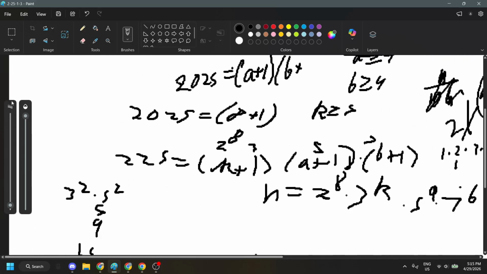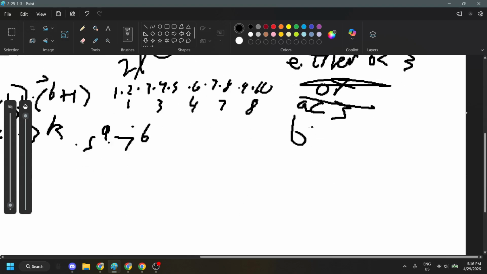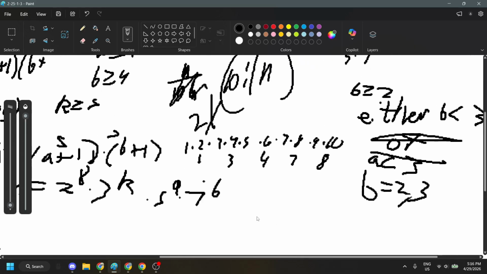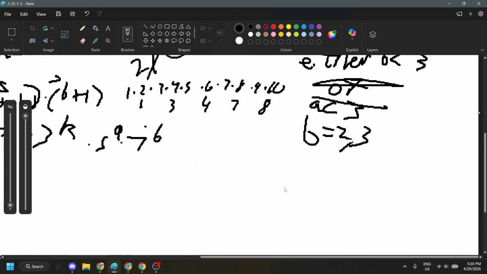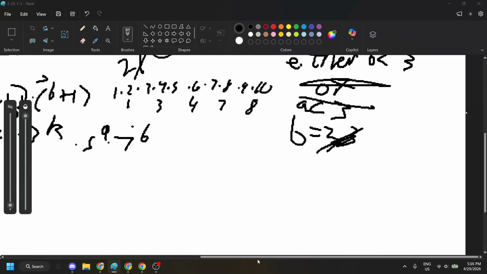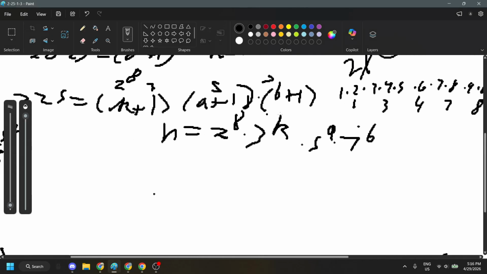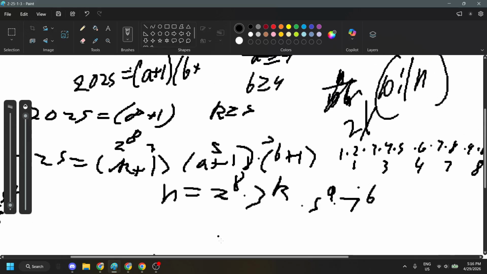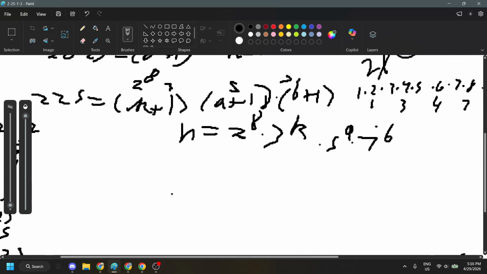Our constraint is b is equal to 2 or 3. We know b can't equal 3, b has to equal 2, because we have to have a factor of 3. So b is equal to 2.